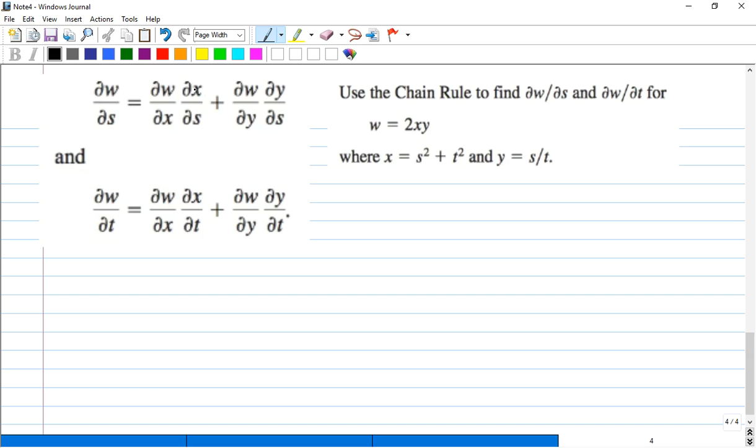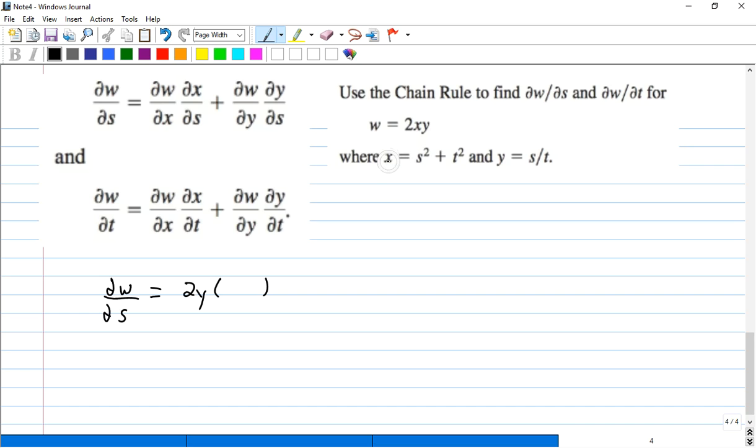So for the definition of the chain rule, if we find the partial derivative of w with respect to s, we need the partial derivative of w with respect to x, so that would be 2y, times the partial derivative of x with respect to s.